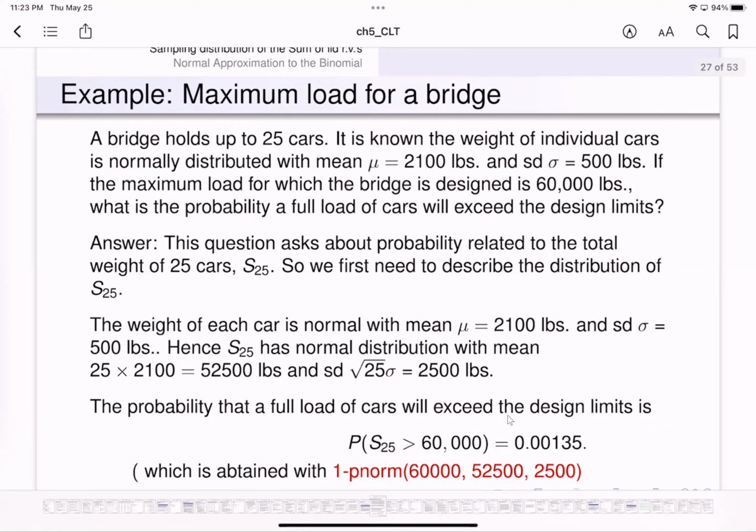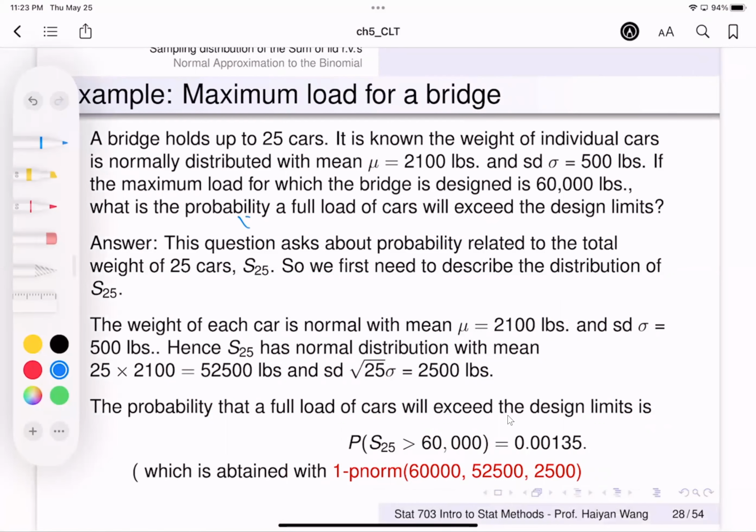So here we know the total allowable weight is 60,000, and the weights of the cars are random variables. They are normally distributed. We're considering 25 cars, so you can think of it as x1, x2 up to x25, which are the weights of 25 cars.